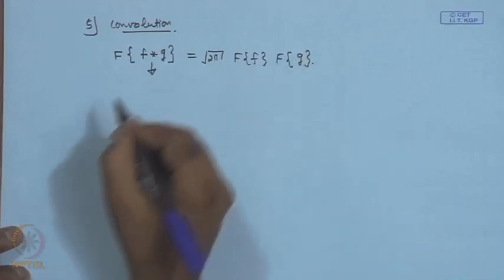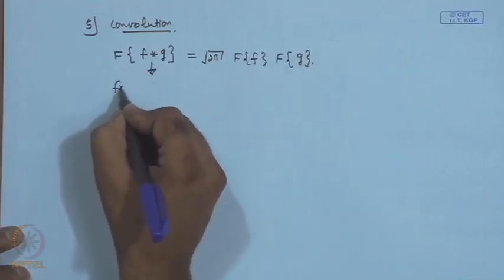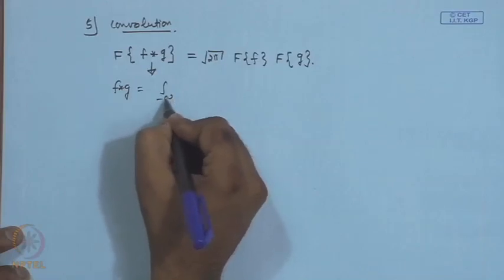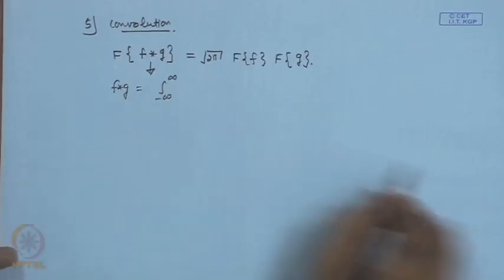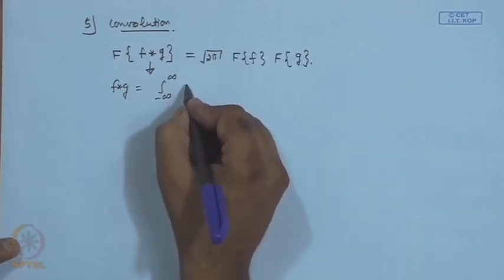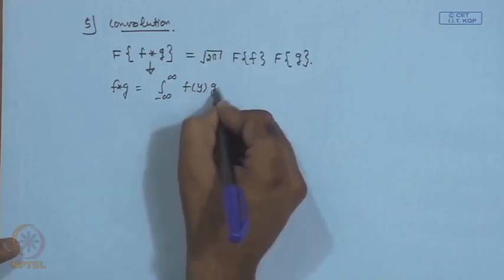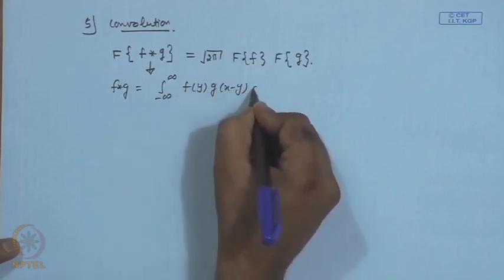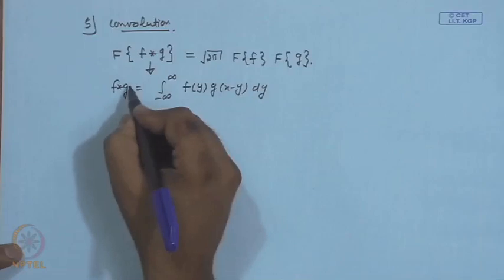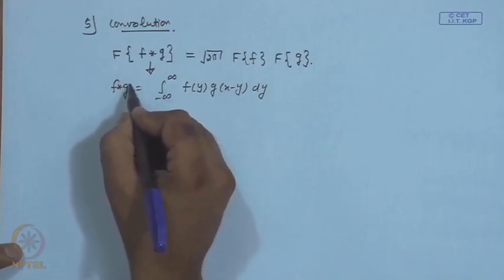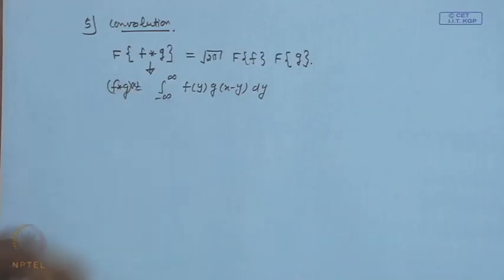Here this convolution is defined as (f star g)(x) equals the integral from minus infinity to plus infinity, that is the range we are working in, of f(y) g(x minus y) dy. So, this is the convolution f star g of x.